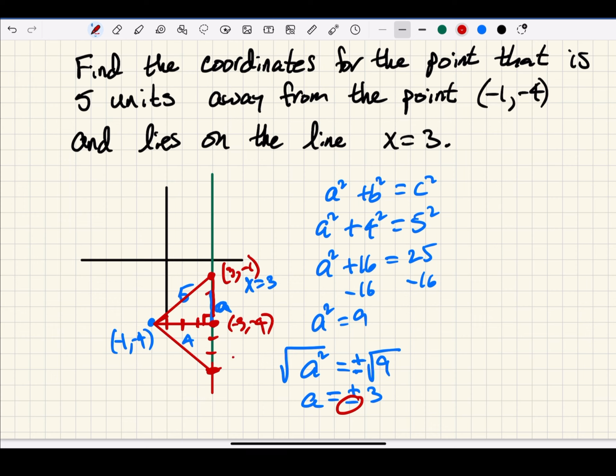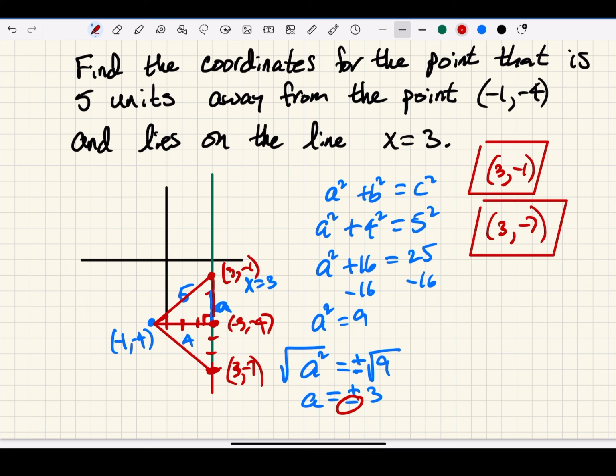So this dot then would be 3, -7. So the answer to this question would be that we have 2 different dots that could work, 3, -1, or 3, -7.